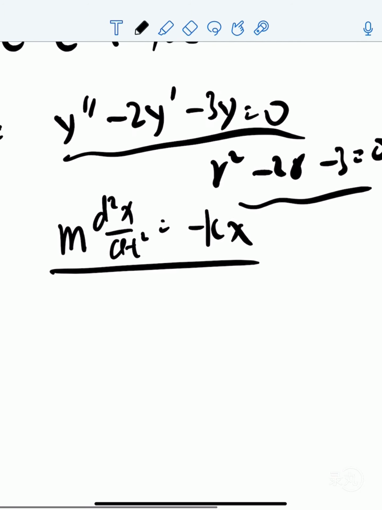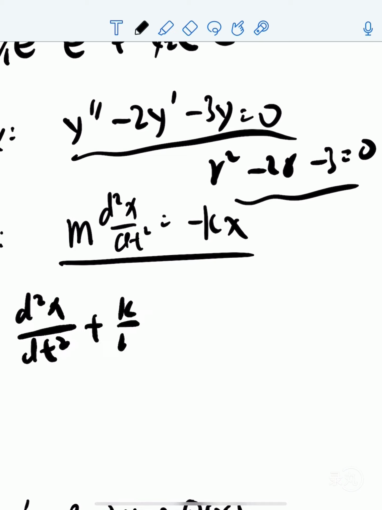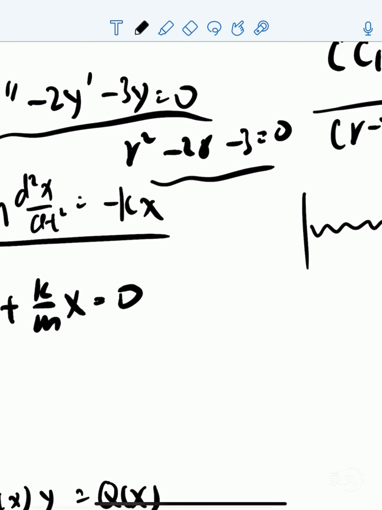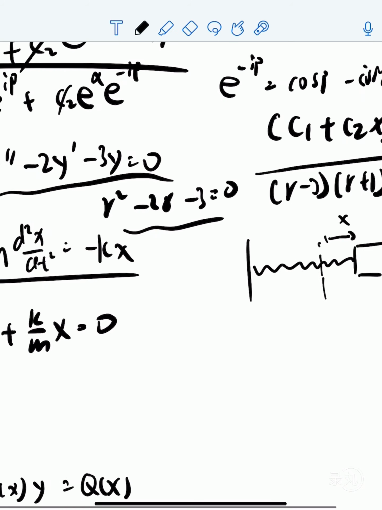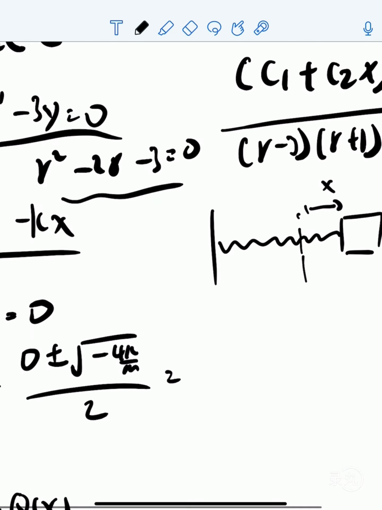For this kind of problem, we just divide it to that side. We get m x'' plus k x is equal to 0. And now for the solution, r is equal to 0 plus or minus the square root of negative 4km, divided by 2, which is equal to i times the square root of km.